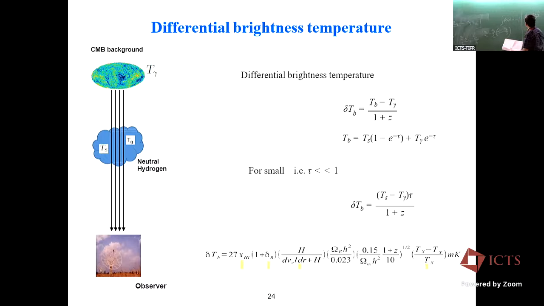And we know A10 is this, so we can also put in the value of A10. If I put everything together, we'll get tau as this.